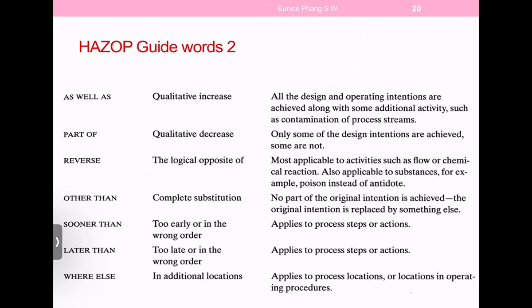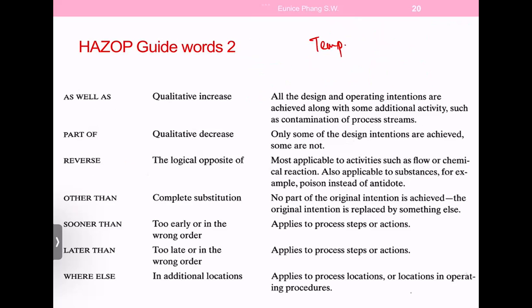As well as we are looking at temperature, right? Can temperatures be as well as? No. As well as most of the time is when we have something that is not supposed to happen, but it happens at the same time.